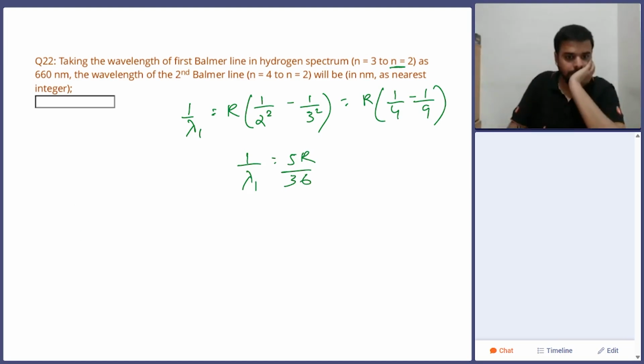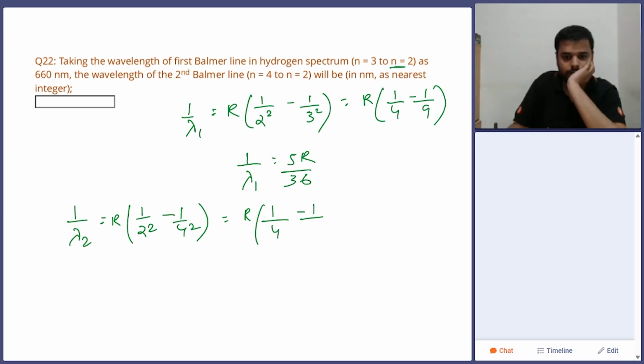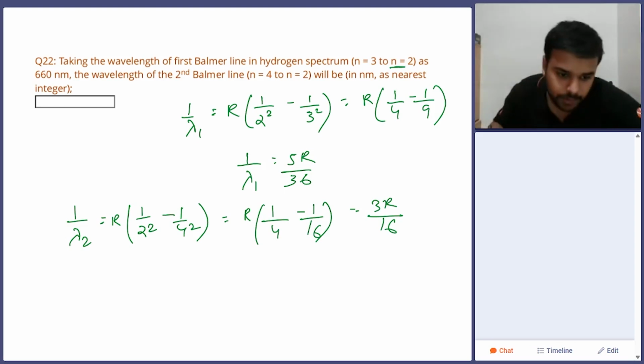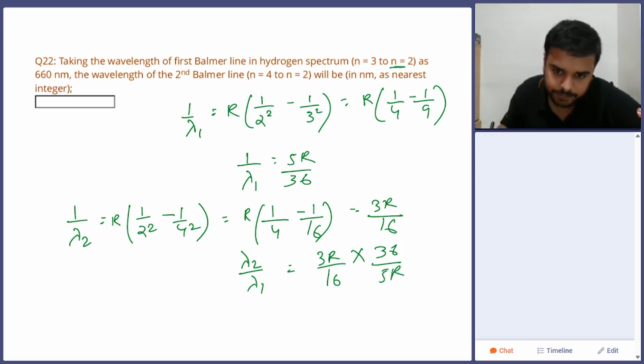Okay. Now 1 by lambda 2 is R times (1 by 2 square minus 1 by 4 square). So 1 by 4 minus 1 by 16, this is 3R by 16. Right? Okay. So lambda 2 by lambda 1 will be how much? 1 by lambda 2 is 3R by 16, and lambda 1 will be 36 by 5R. Right?